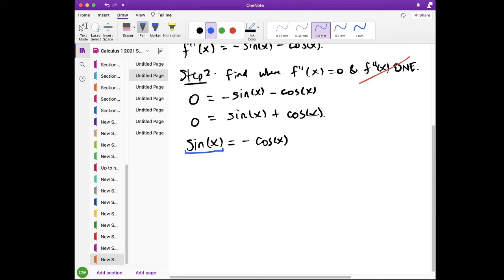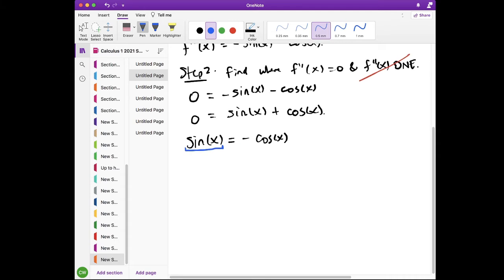On the unit circle, what are you looking at for sine? Are they the x or y values? When you take sine of an angle, do you look at the x value or the y value?